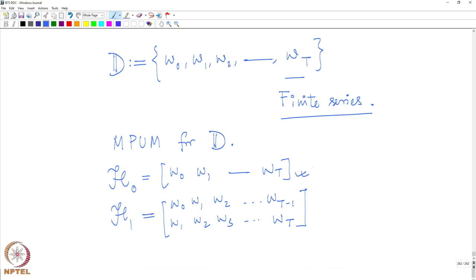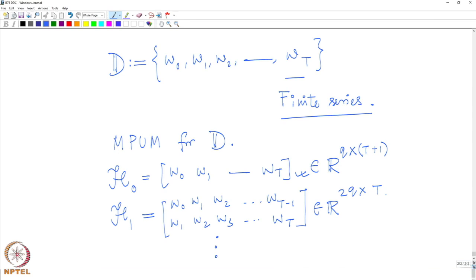So, what size is this? This is a matrix with q rows and T plus 1 columns, whereas this one has 2q rows, but only T columns. Likewise, you will get the other Hankel matrices as well.